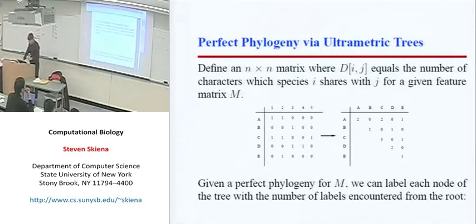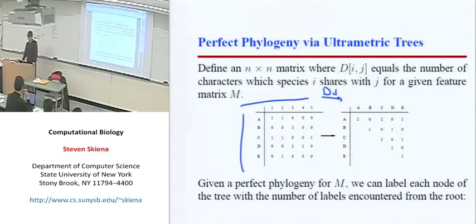Suppose we take our feature matrix, which is what we have here, species by features, and instead from that compute a distance matrix. Not quite a distance matrix, but maybe a similarity matrix that tells me how many features the species have in common.